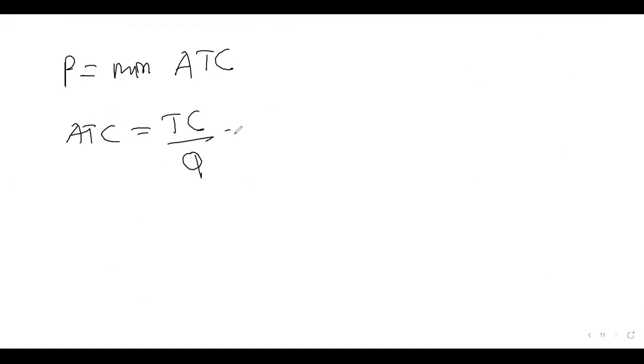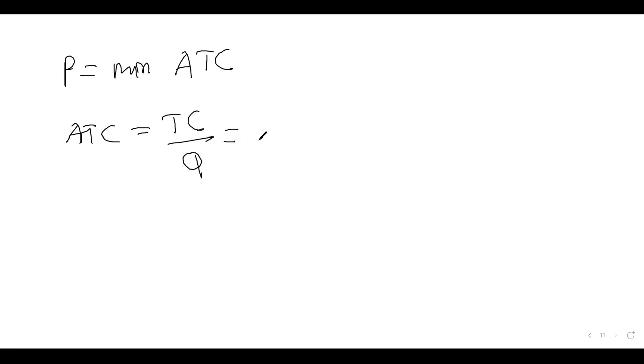So we are saying that in the long run, price is equal to the minimum of the average total cost, or the average cost, which is the same thing. That means we have to first find the average total cost before we find its turning point. Average total cost is the total cost divided by quantity.